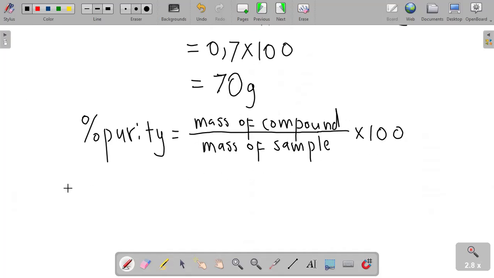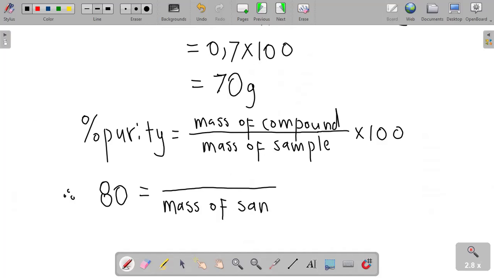We know that the percentage purity, which we found before, is 80. So it's going to be 80 equals the mass of the compound, which we found here to be 70, over mass of sample, which is what we're looking for, multiplied by 100.